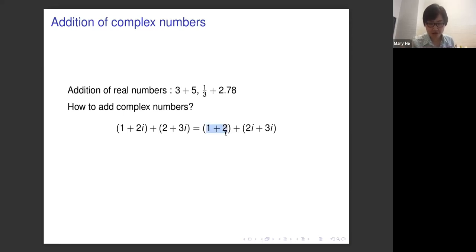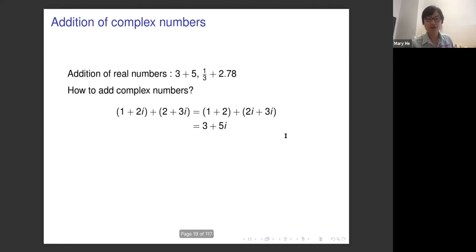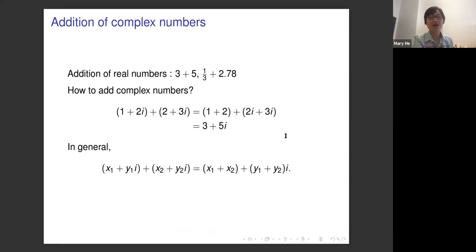So for the without i part, you get 1 plus 2, and the rest is just 2i and 3i. So you group 2i and 3i together. The second bracket says 2i plus 3i. And we calculate: 1 plus 2 is 3, and 2i plus 3i equals 5i. So this is basically how we add complex numbers.